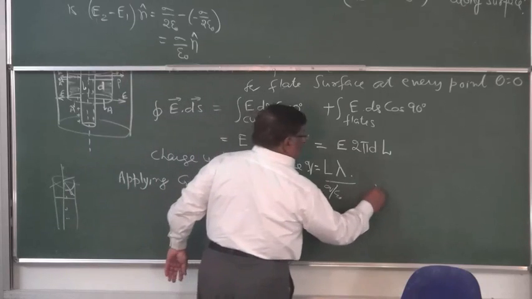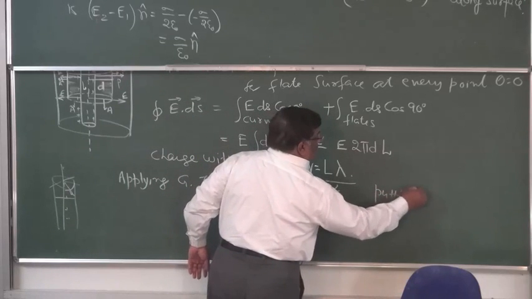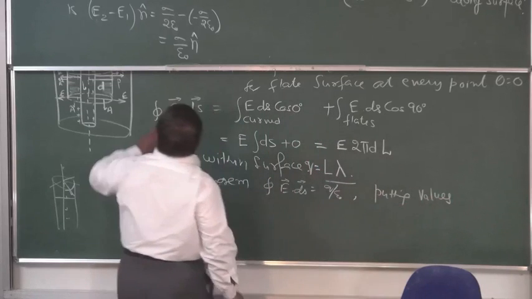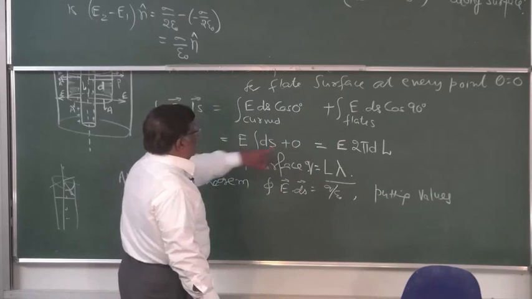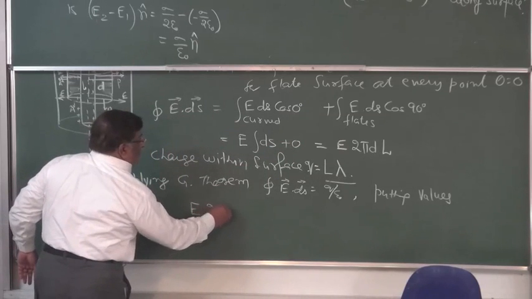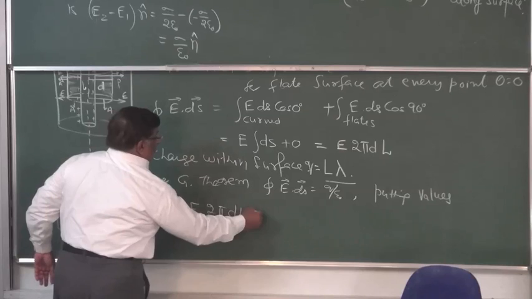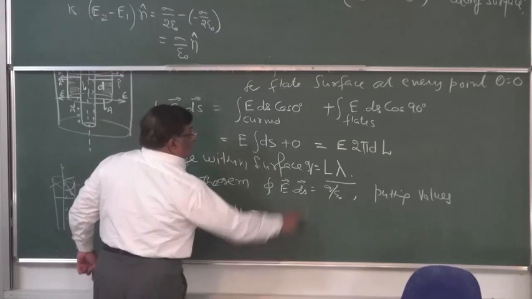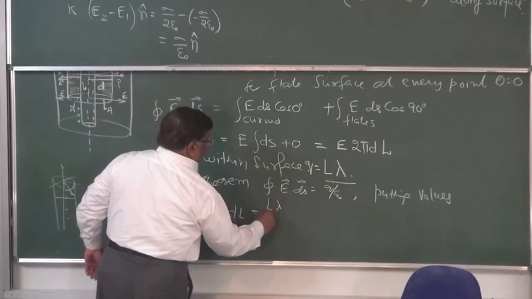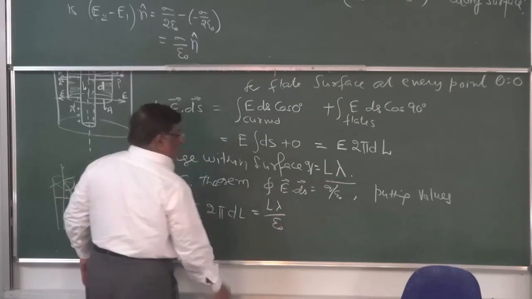Putting values, closed integral E dS, what do we get? E into 2 pi d L is equal to Q upon epsilon naught. Q is equal to L lambda upon epsilon naught.